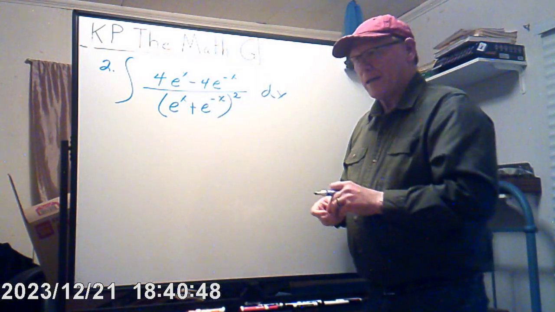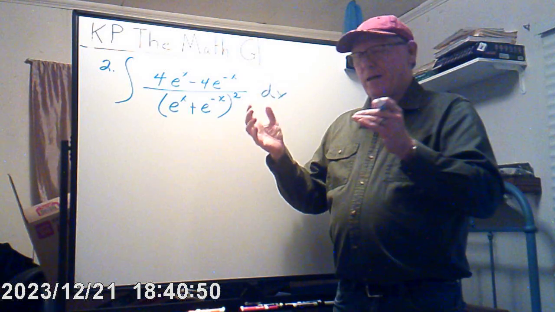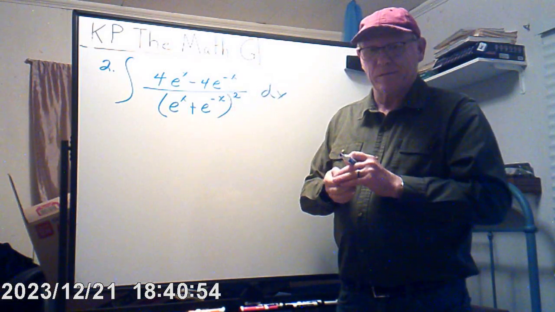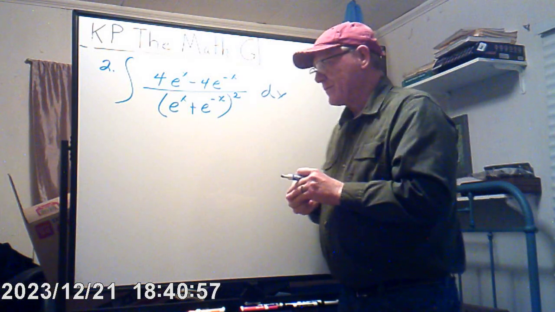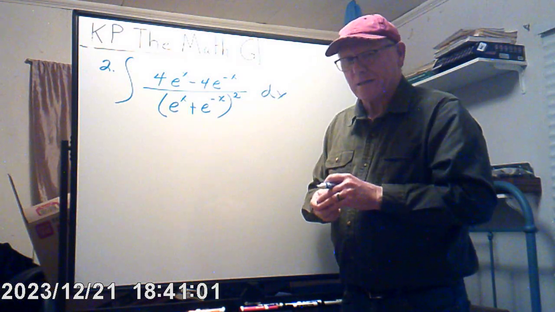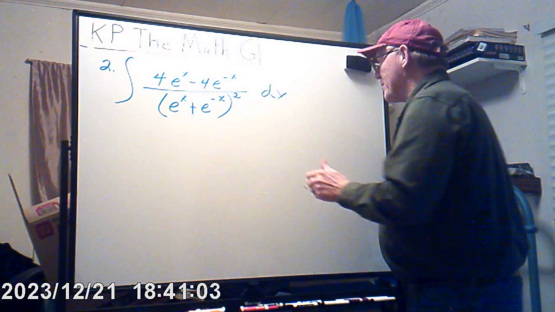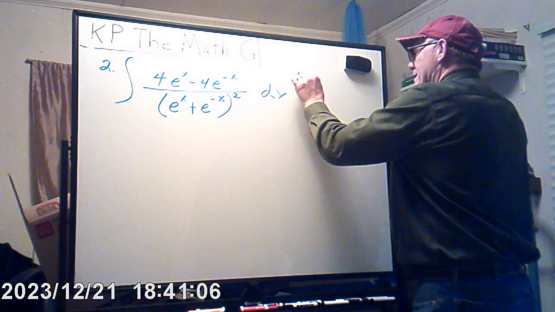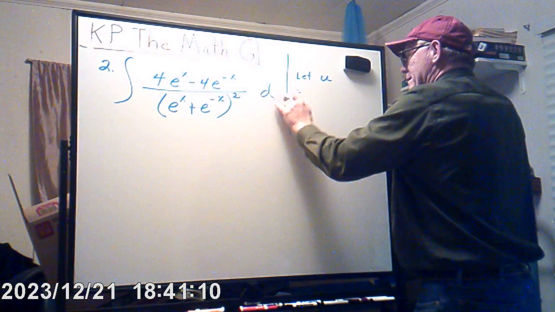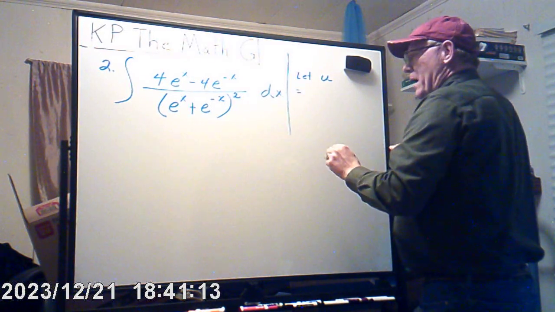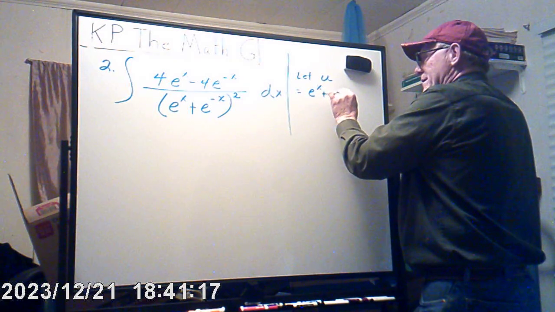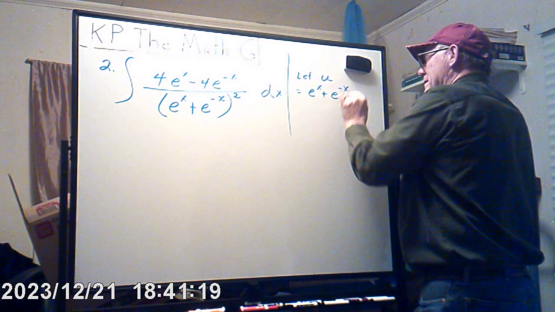Like in the last problem we had e to the cosine, I think it was e to the cosine pi x sine pi x dx. So I'm going to let u be equal to e to the x plus e to the negative x.